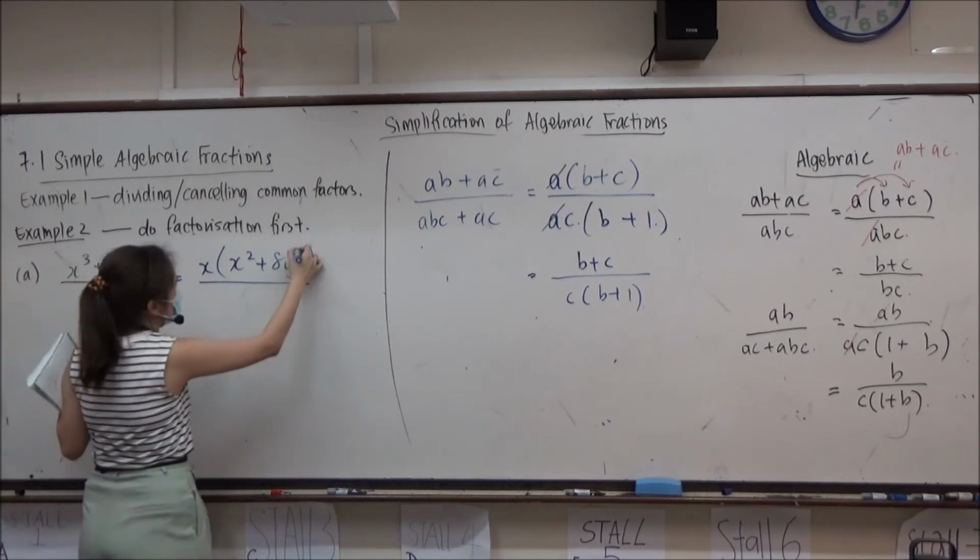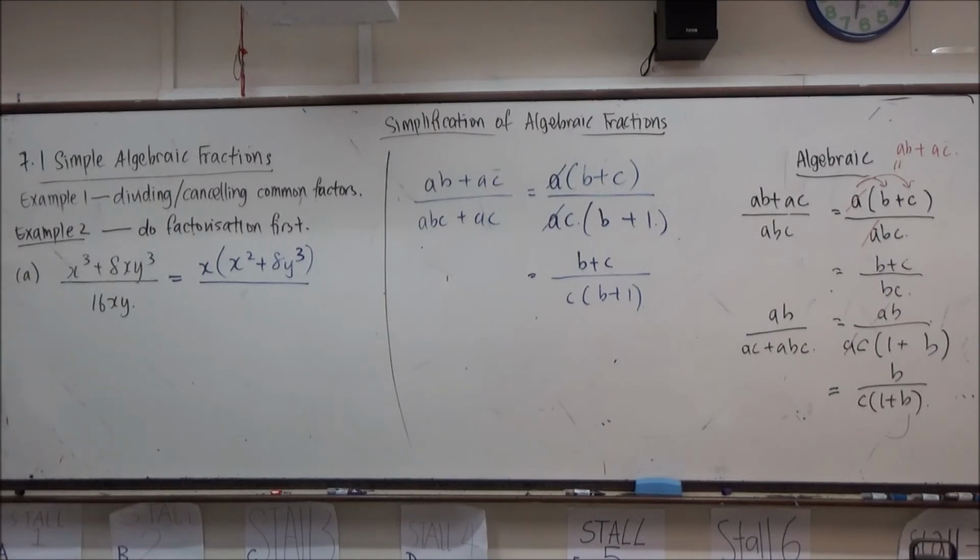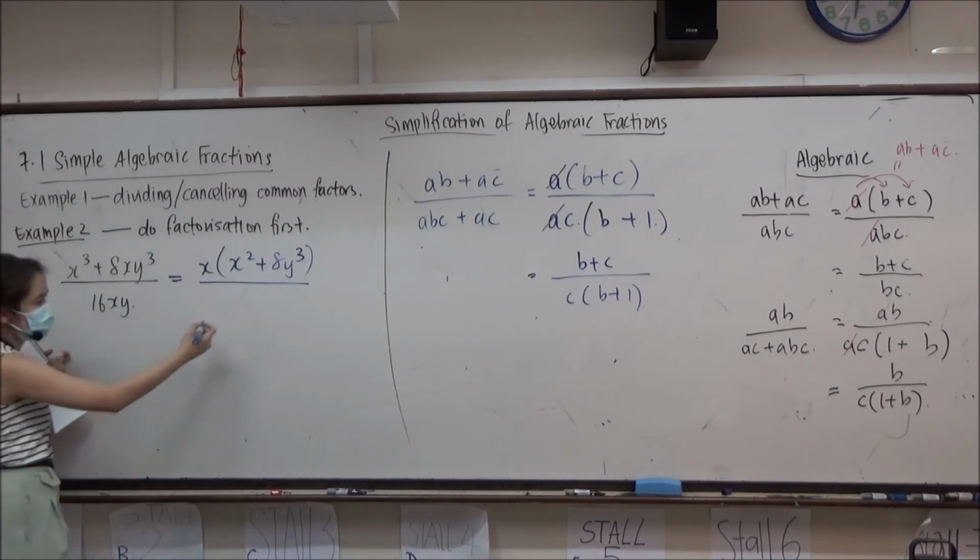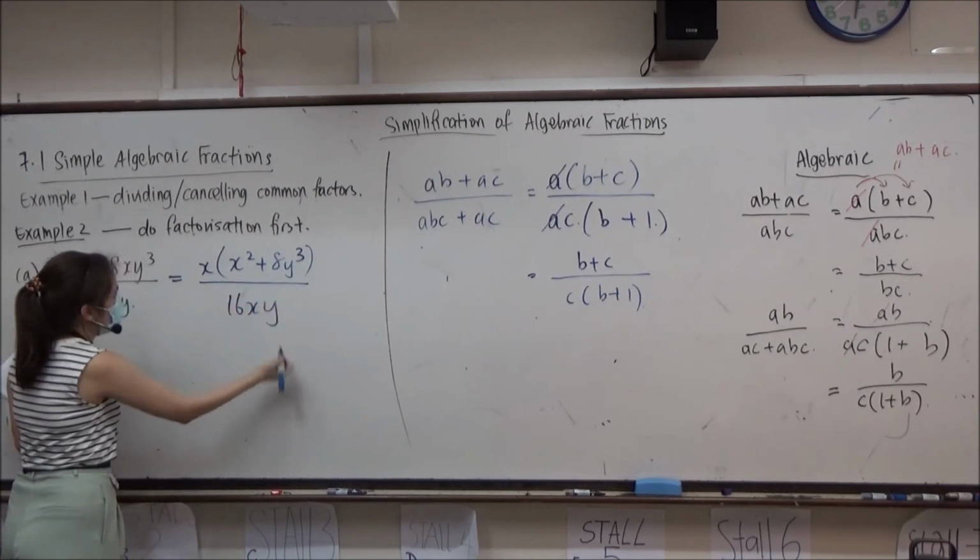Cube. Very good. So there's only a single x that is in common. So we can only take out 1x. Then we're left x squared plus 8y cubed. Then at the bottom, it's only a simple 16xy, so nothing for us to do. So leave it that way.